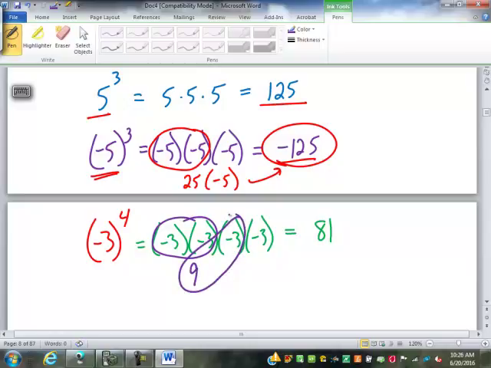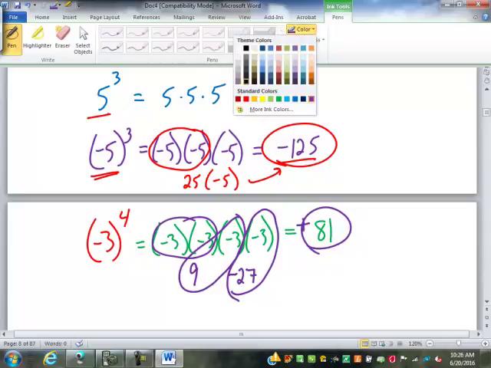Positive 9 times negative 3 is a negative, because positive times negative is a negative. 9 times 3 is 27. Negative 27 times a negative 3, well, a negative times another negative is a positive. 27 times 3 is 81. So negative 3 to the fourth power is positive 81.